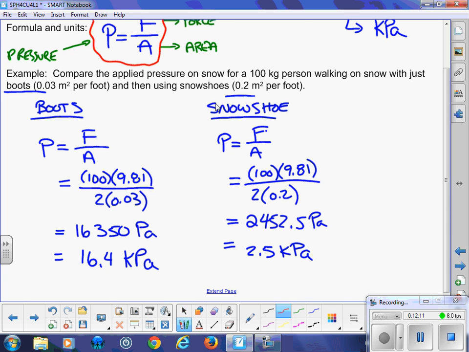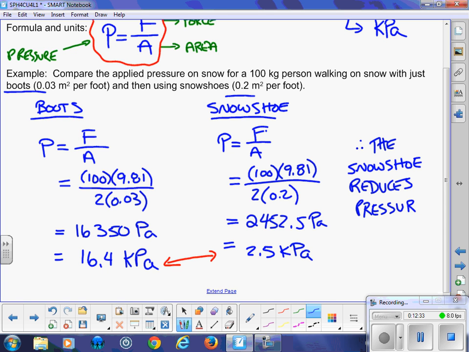So when you make that comparison, it's really an eighth of the pressure. That's why you don't fall through when you have snowshoes on. So therefore, the snowshoe reduces pressure to 1/8 of the shoe.